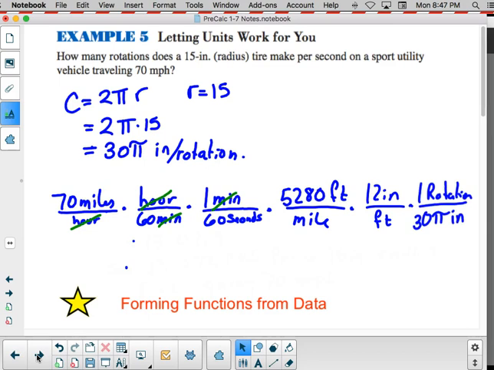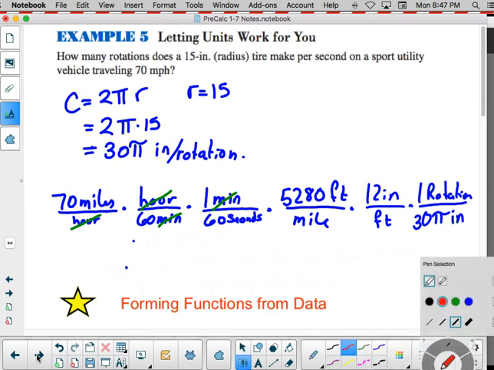So I brought things down, and I'm going to go for this part. I'm going to be talking about my feet being knocked out, my miles being knocked out, my inches are out, and now my final answer should be rotations per second.